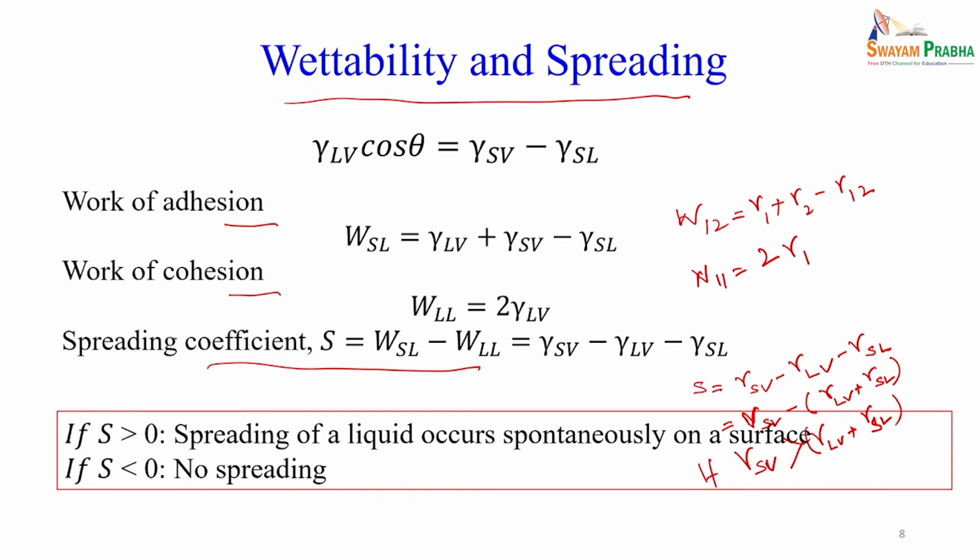So, you can simply say the spreading coefficient is the difference between the work of adhesion and the work of cohesion, and depending on the value of S we should be able to comment whether there will be spreading, partial spreading, or no spreading.